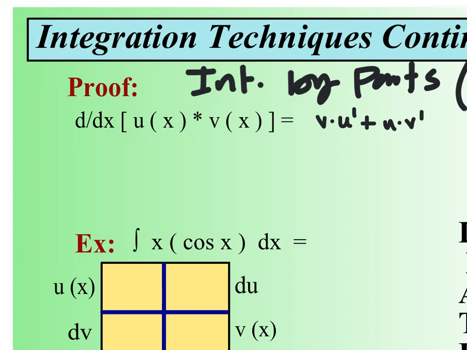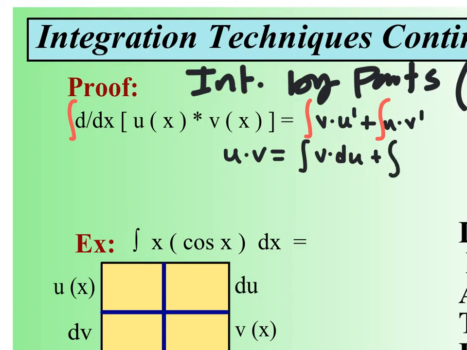Okay, now I'm going to integrate both sides, integrating all three of these terms. So what do I get? Well, the integral of a derivative on the left side will just be u times v. On the right side, I get the integral of what we're going to call, just for a moment here, v du, just the derivative of u, plus the integral of u dv.